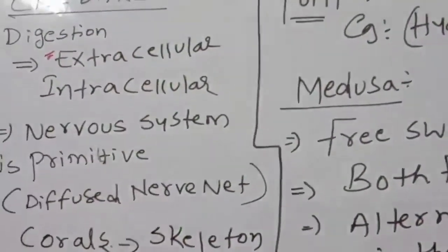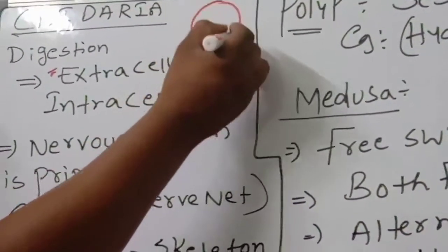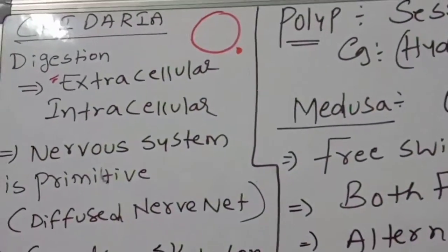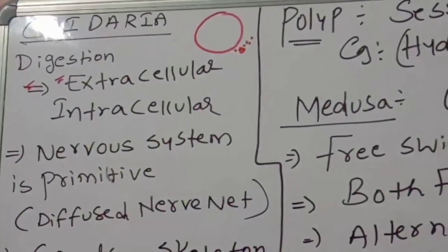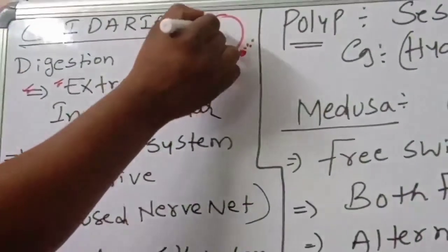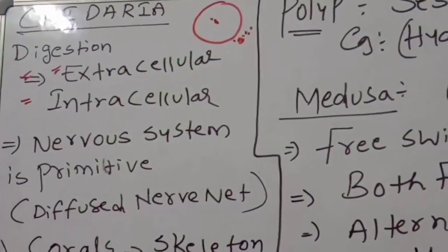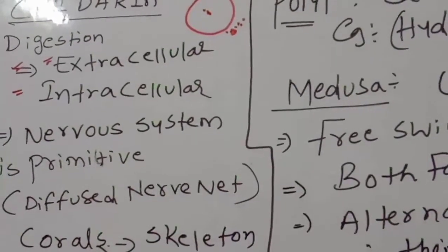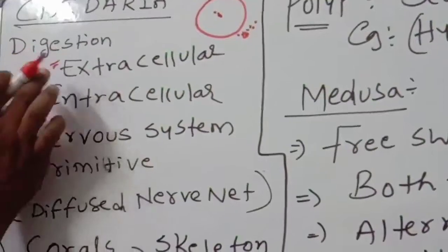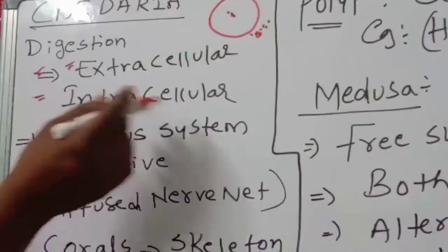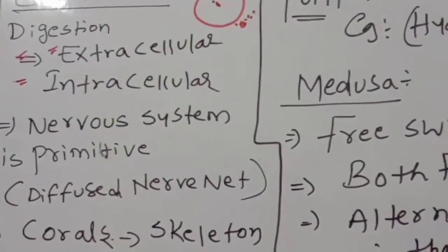Extracellular digestion means the digestion happens outside of the cell, like in humans. If the digestion happens inside of the cell, that is called intracellular digestion. So in cnidarians there are two types of digestion.